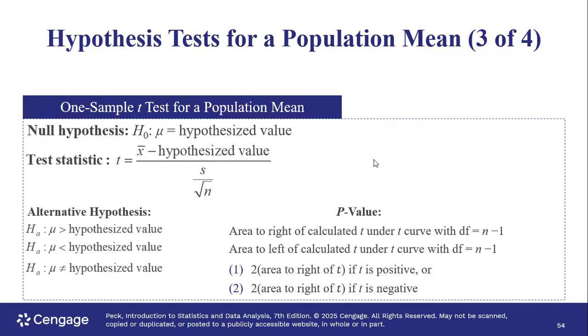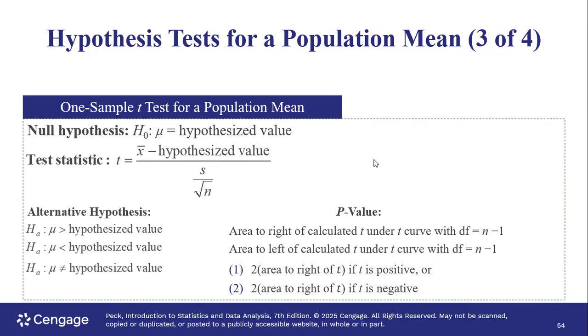Okay. So again, our null hypothesis is the mean equal to a hypothesized value. This is the value for the null hypothesis, and we calculate a test statistic T, where we compare the sample mean to the hypothesized value in the null hypothesis. That is the deviation of the sample mean from the hypothesized value of the population mean in the null hypothesis.